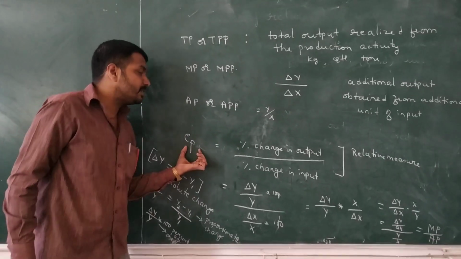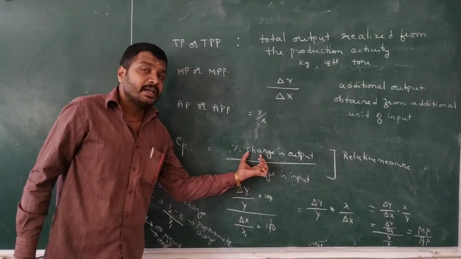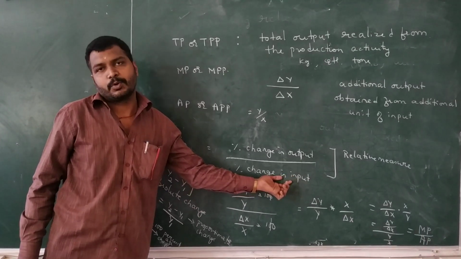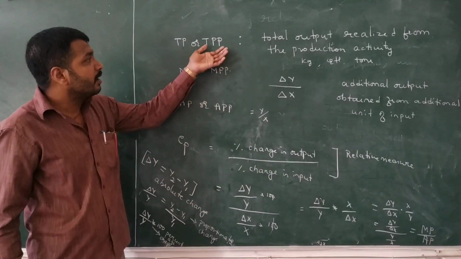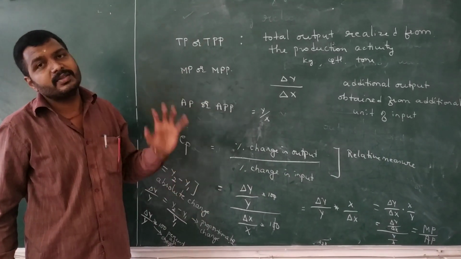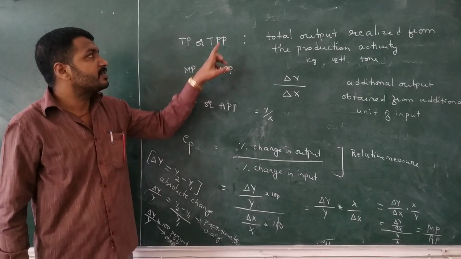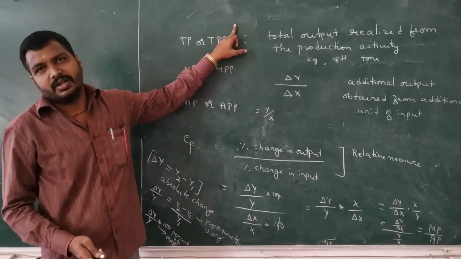So elasticity of production used to be the ratio of percentage change in output to the percentage change in input. You need to be clear with these aspects in order to understand the concept called the classical production function. If not, you will not understand what the classical production function is.